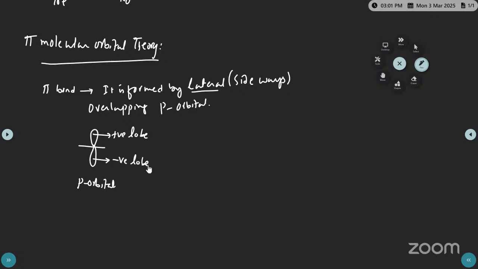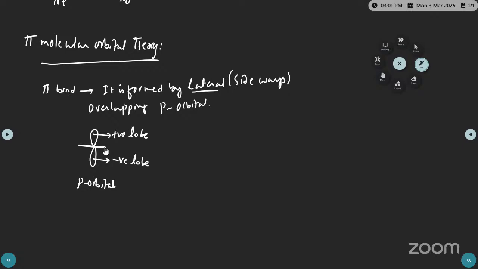The p orbital has two lobes. One is the positive lobe, which is above the plane, and one is the negative lobe, which is below the plane. The lobe above is known as the positive lobe, and the lobe below the plane is known as the negative lobe.